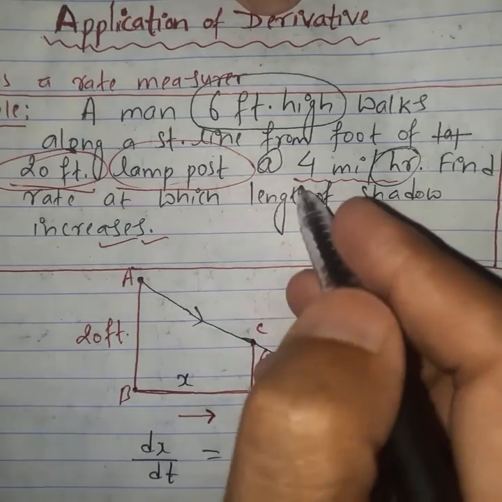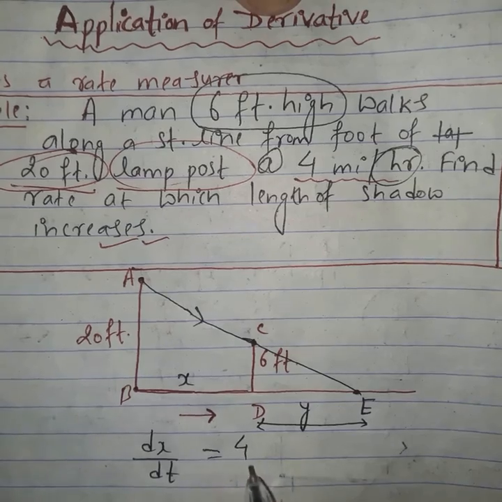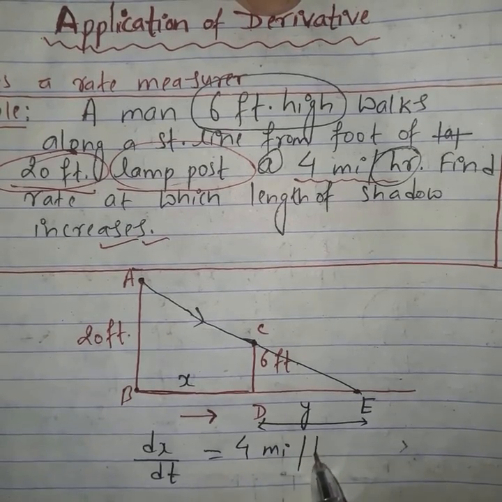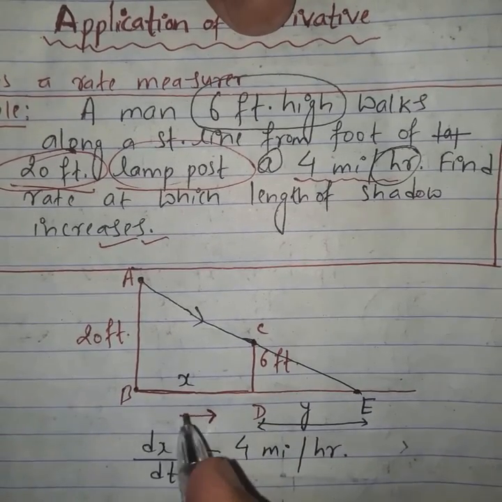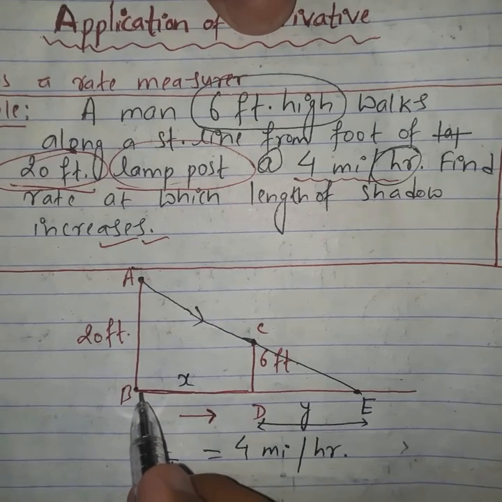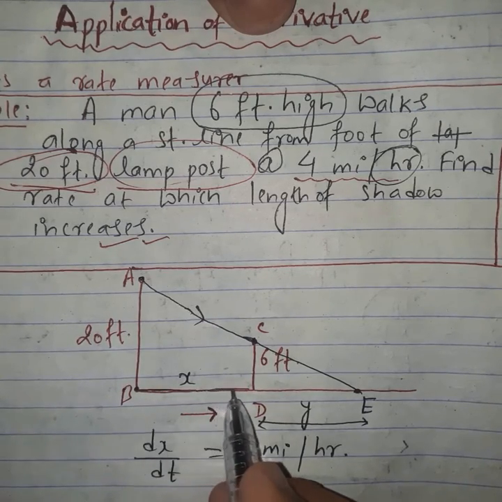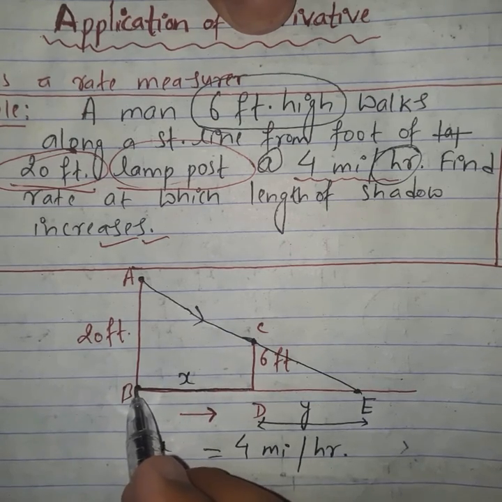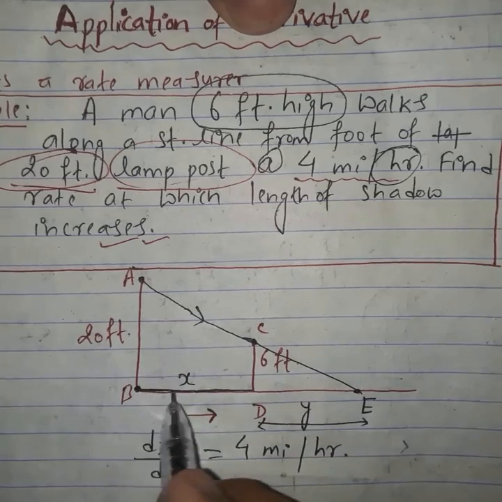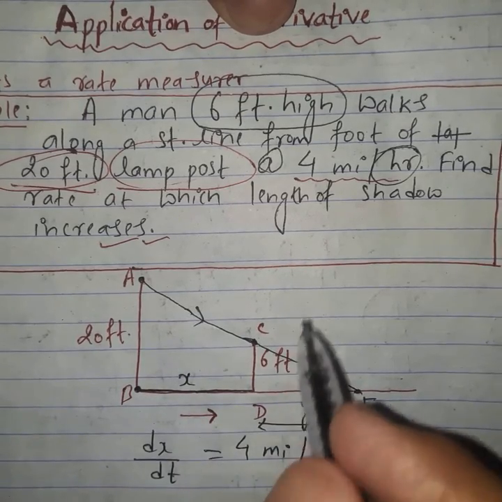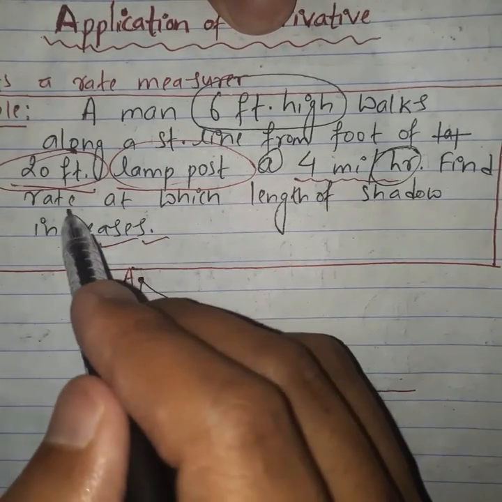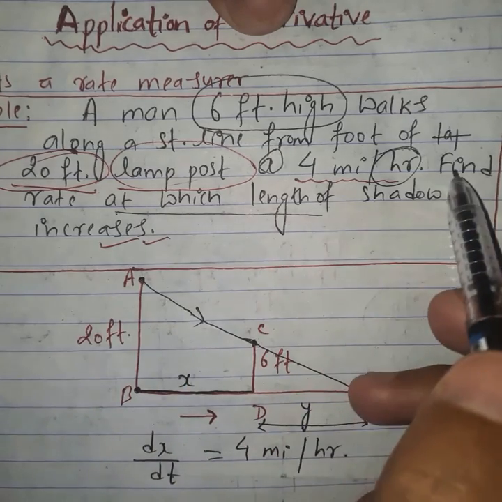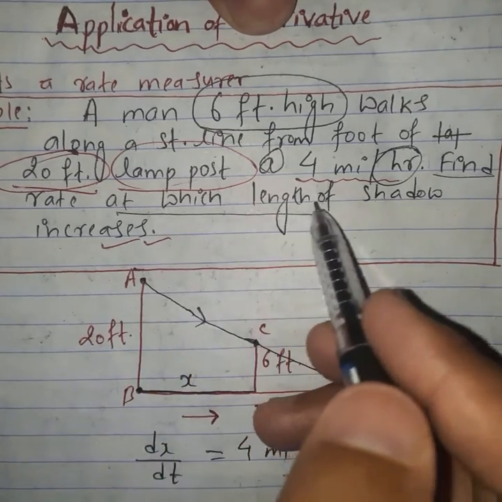This is given as 4 mile per hour. This is dx over dt. This is the rate at which the man walks from the foot of the lamp post, and we have to find the rate at which the length of the shadow increases.